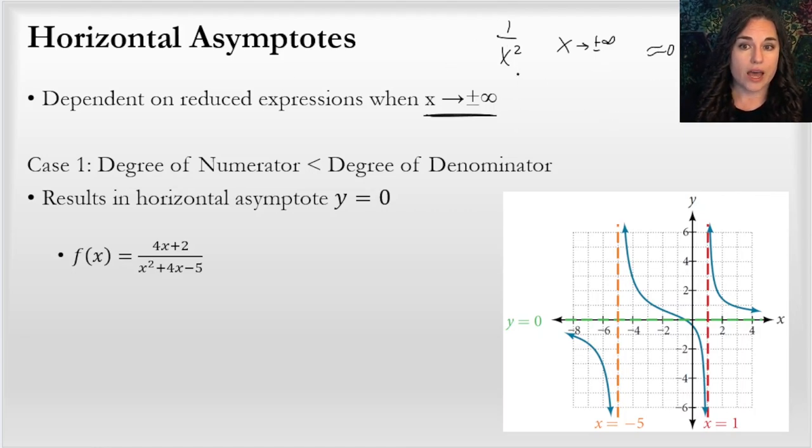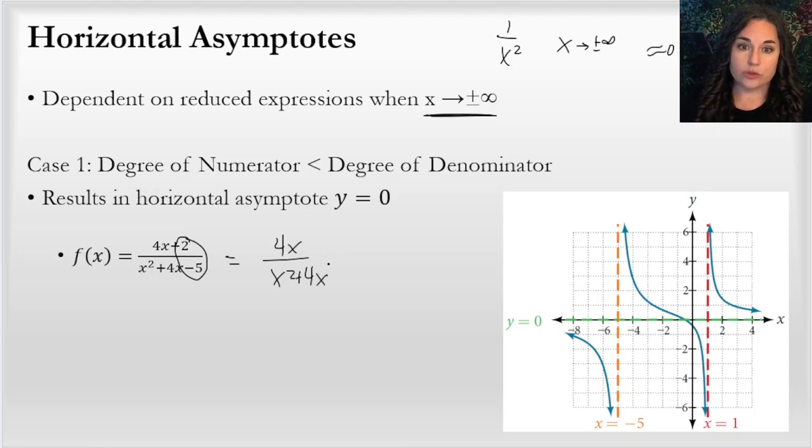So we're looking at that end behavior, and I've divided this up into 3 cases. We're going to look at that leading term overall. When I simplify this down and I let x go to infinity, all of the lower powers of values in that equation, 2 and negative 5, are much smaller when x goes to infinity, so I wouldn't even worry about that. 4x over x squared plus 4x.